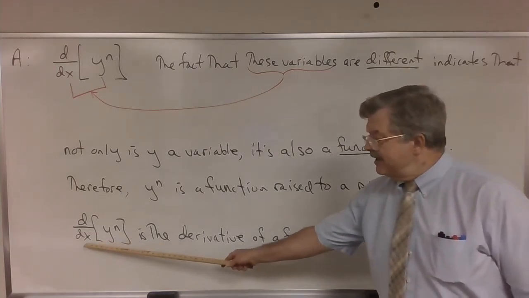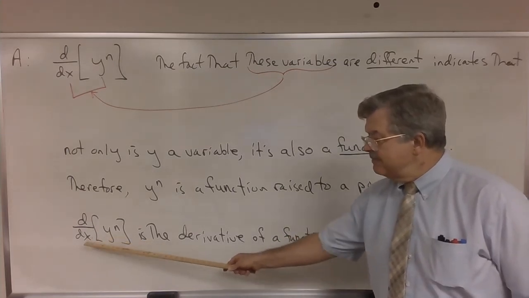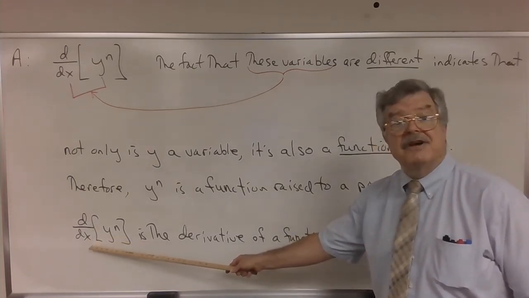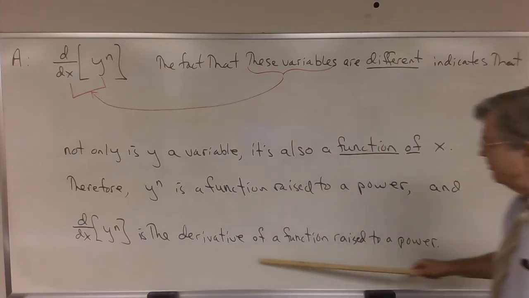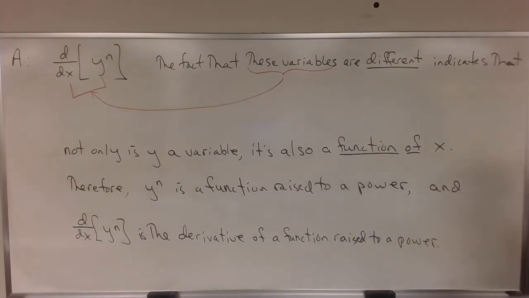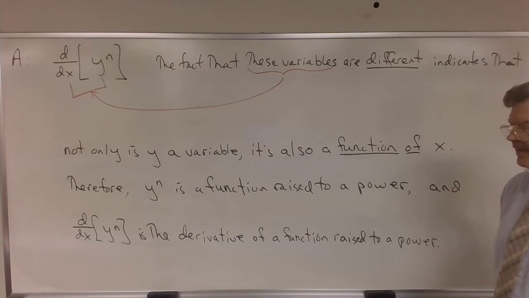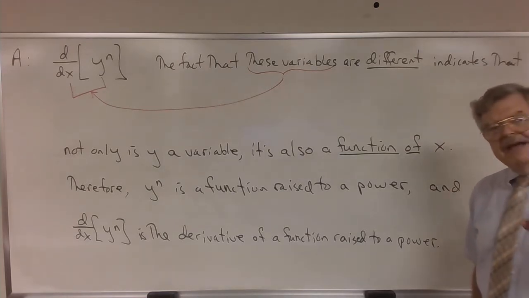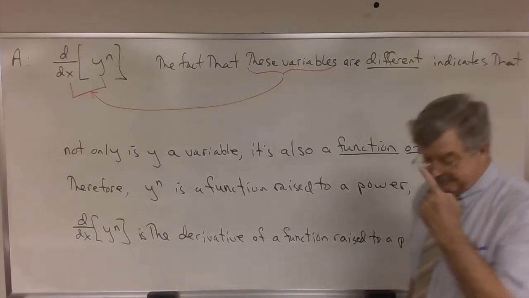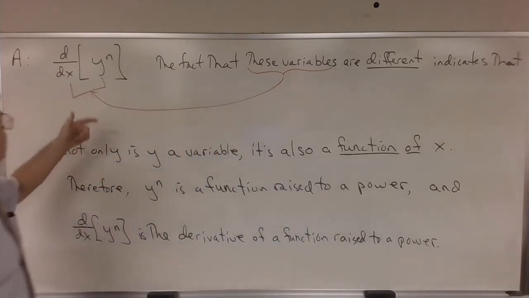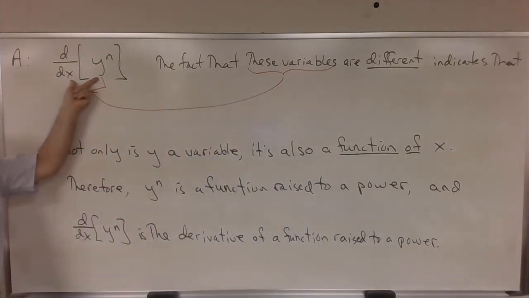And the derivative of y to the n as a function of x is the derivative of a function raised to a power. So that's the tip-off. These two variables are different.